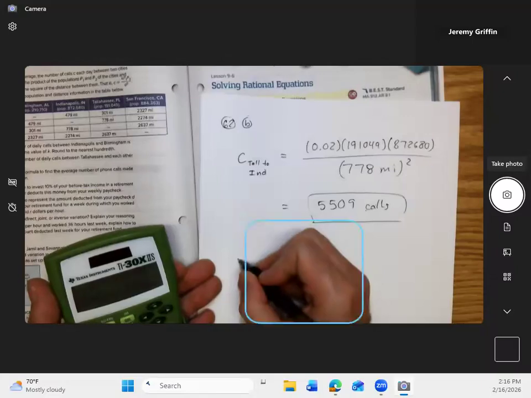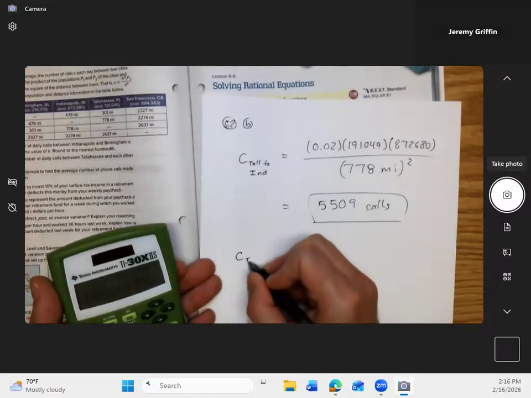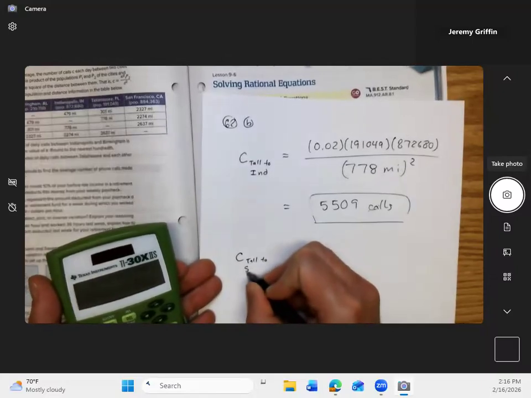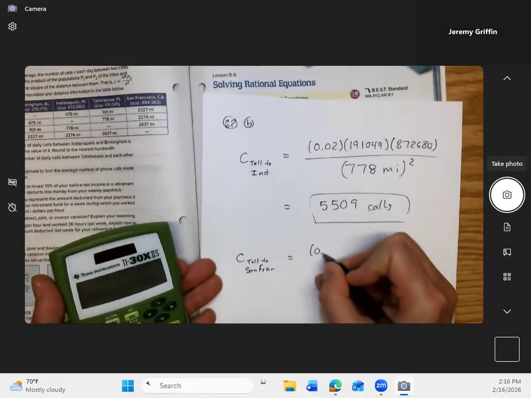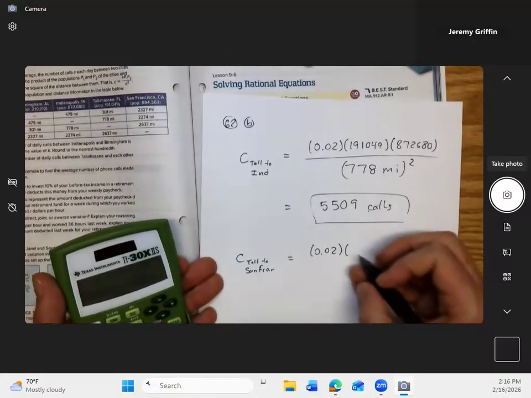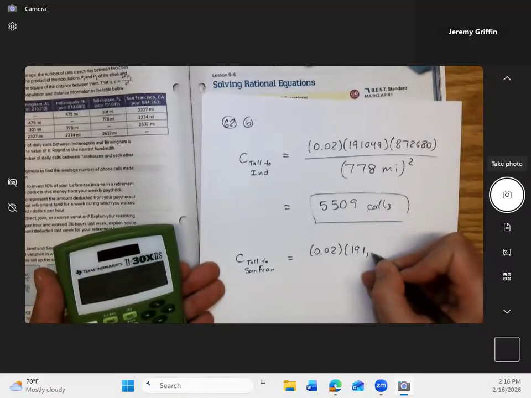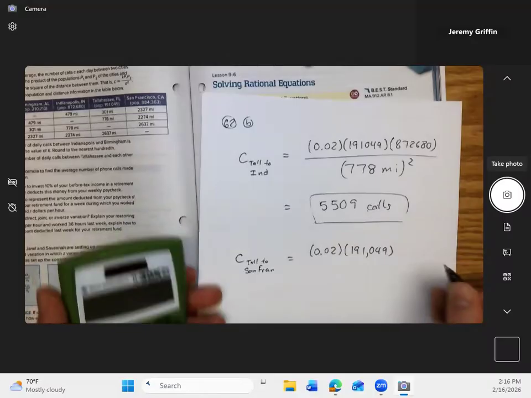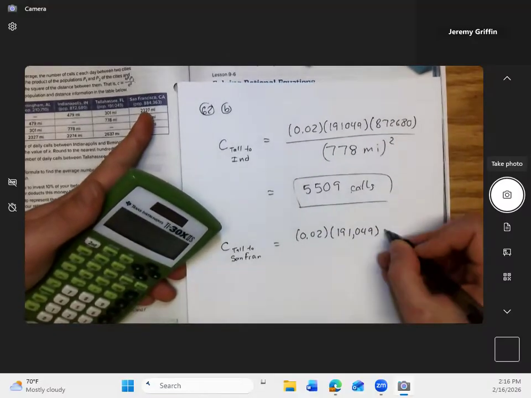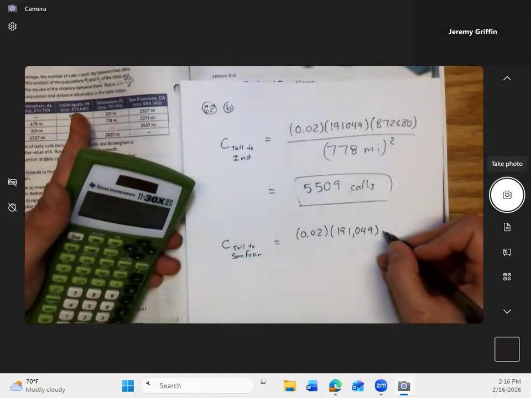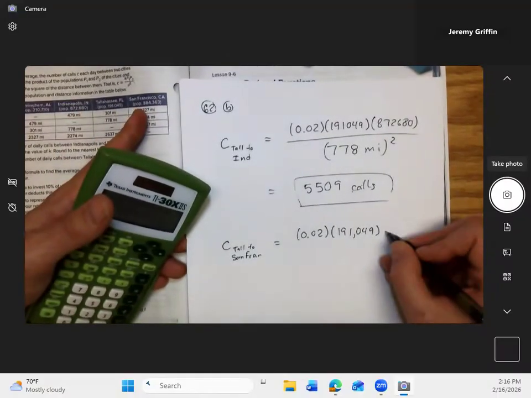Okay. And then finally, let's do number of calls from Tallahassee to San Francisco. San Fran. Okay. So 0.02. Population Tallahassee, 191,000. I'd say, ooh, San Francisco, that has the largest population here. Actually, it's not that much bigger than Indianapolis now that I'm looking at it.